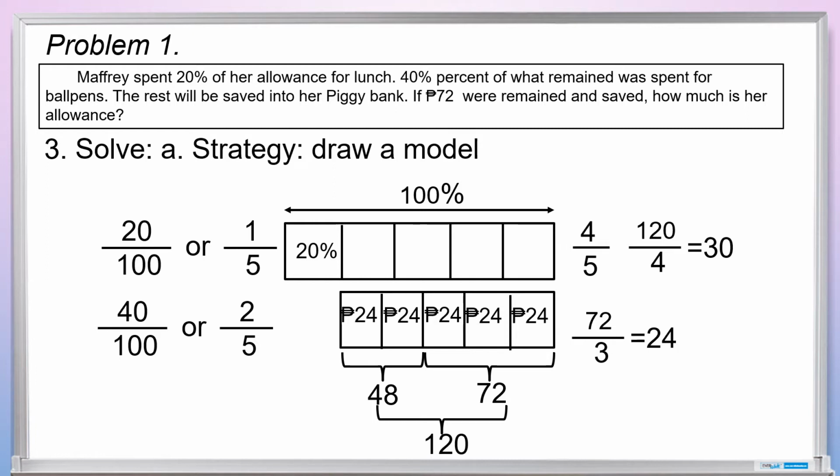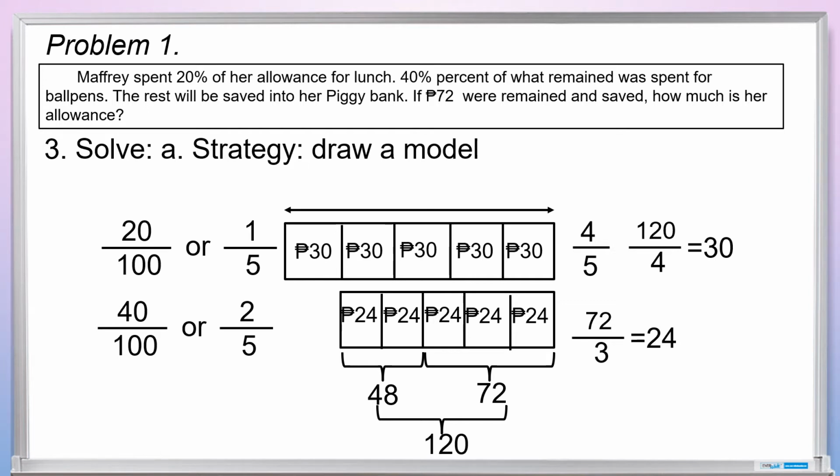Each part will represent 30 pesos. And 20%, which is 1/5, is also equal to 30. Multiply 30 by 5 to get the whole. So 30 times 5 equals 150.